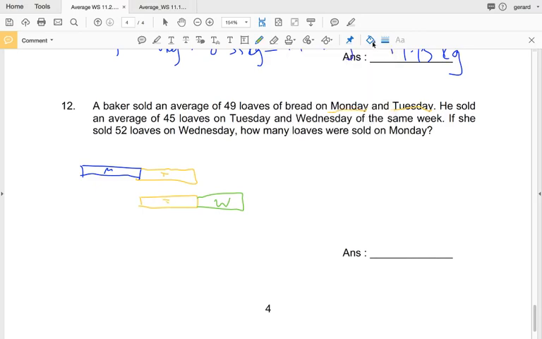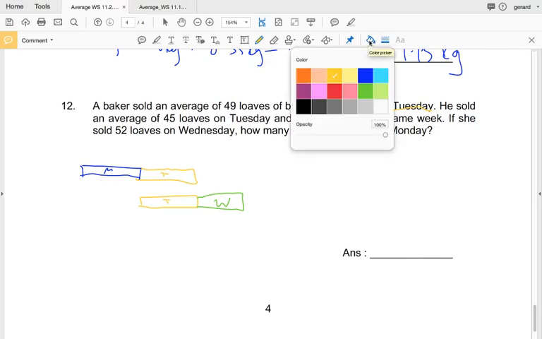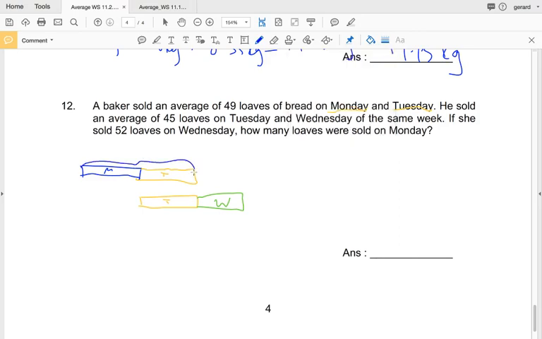Now let's go back to our original color, blue. So Monday and Tuesday, average of 49 loaves. So the total will be 49 times 2, equals 98. So the total here will be 98.